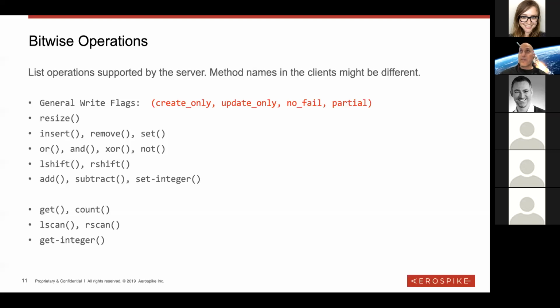So you can have an operation that says, create only at this key the value 100, with no fail, i.e., don't throw an exception if this doesn't work. And then the next one is just increment by 3. This way you start out at 103, by starting from 100. Or if the create only failed, you say no fail, it'll just skip to the next operation and just add 3 to it.